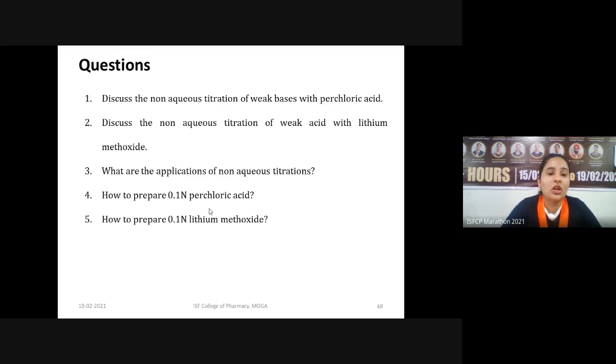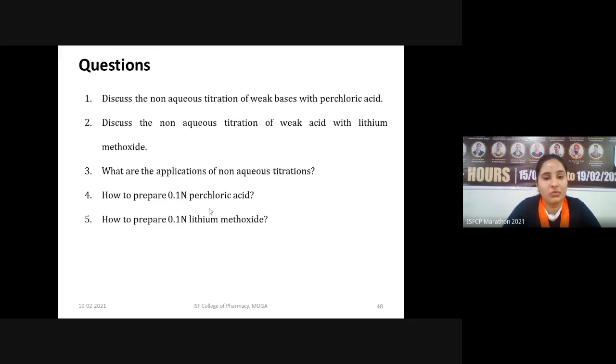The next question is, what are the applications of non-aqueous titrations? We have discussed the applications of non-aqueous titrations. We have studied that aqueous titrations cannot always be used, because most of the drugs are weak acid or weak base.